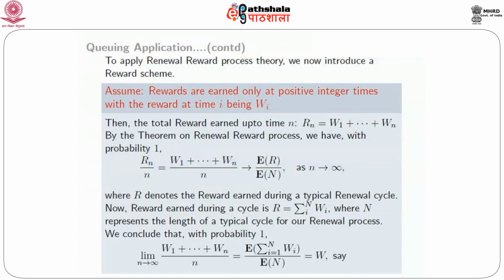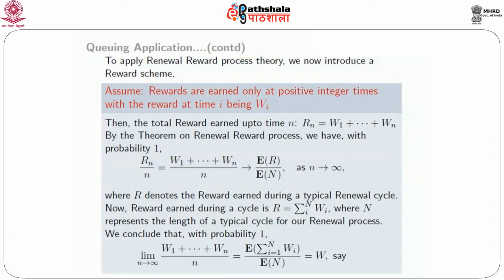So the total reward is the summation of Wi, i equals 1 to capital N. So we can conclude that with probability 1, (W1 + W2 + ... + Wn) over n, as n goes to infinity, converges to the expectation of the summation from i equals 1 to capital N of Wi, divided by E of capital N, which let's call W, a constant of course.